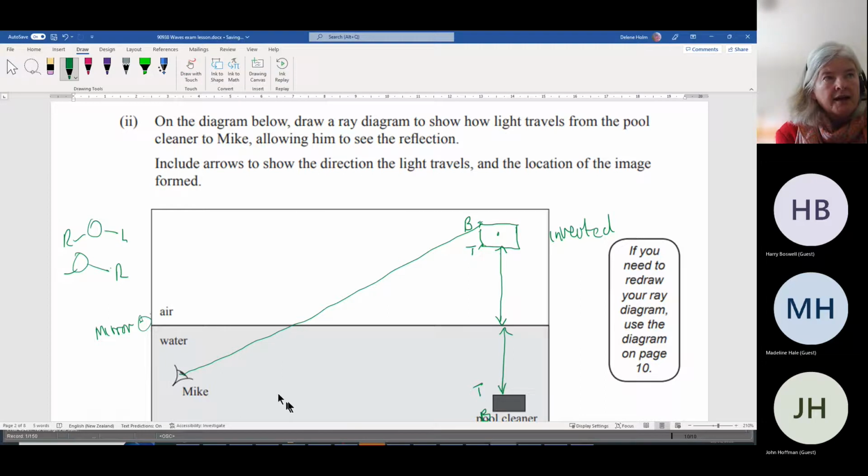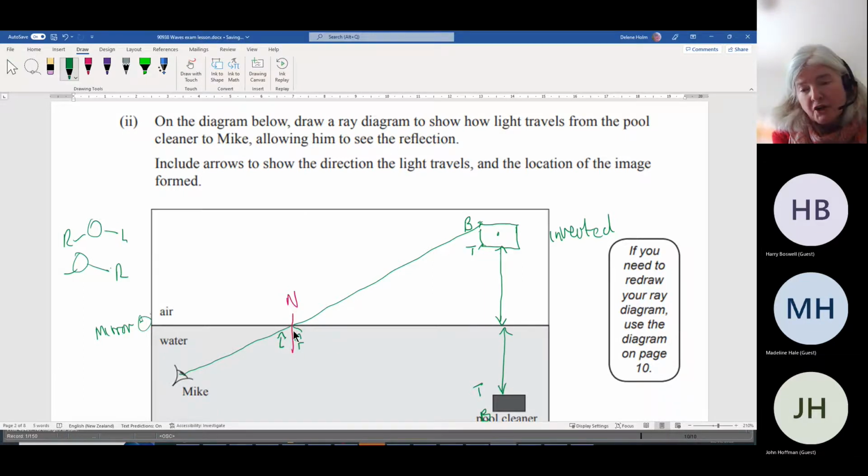And where the interface is, you're going to draw the normal. I always like drawing the normal. You don't have to, but if you draw the normal, then it's very easy to take the angle of incidence and make it equal to the angle of reflection.